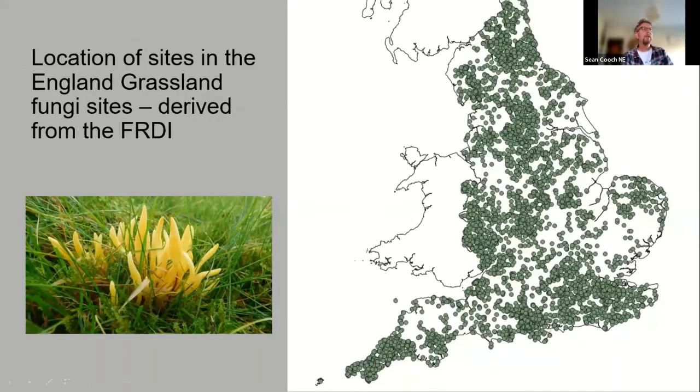Now this map is a little bit meaningless, but I think in some ways it does show the widespread nature of grassland fungi sites in the country. This is the 5,000 preferred sites, if you like. Interestingly, it does show up gaps, perhaps a bit surprisingly. Those who know the geography of England might think, oh, Dartmoor, Exmoor.